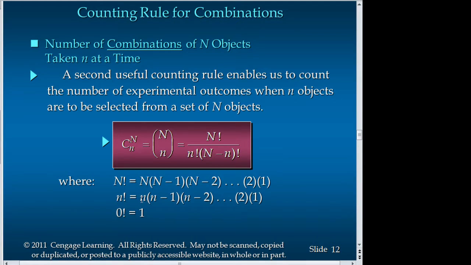The small n factorial is the same thing: you start from n, you go down by 1, and you keep multiplying. And this factorial right here is a special case: 0 factorial is 1, right?